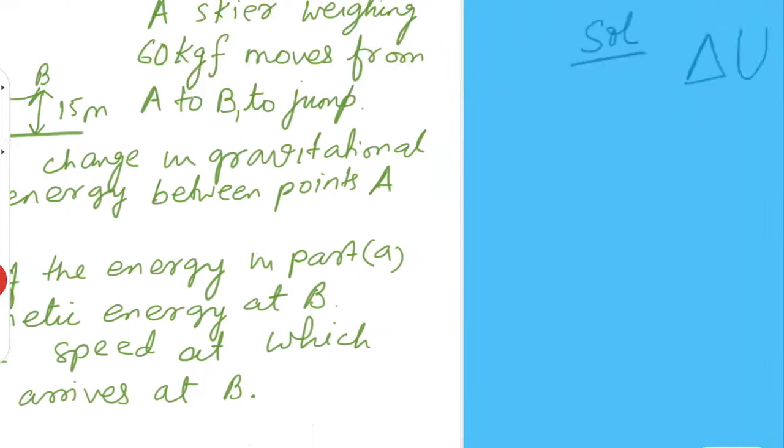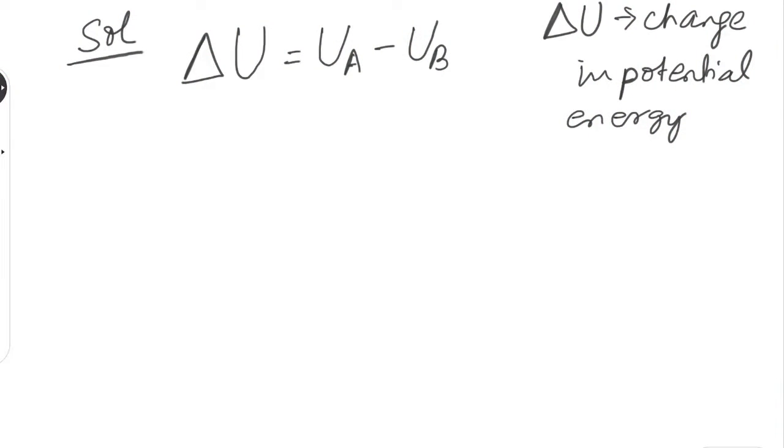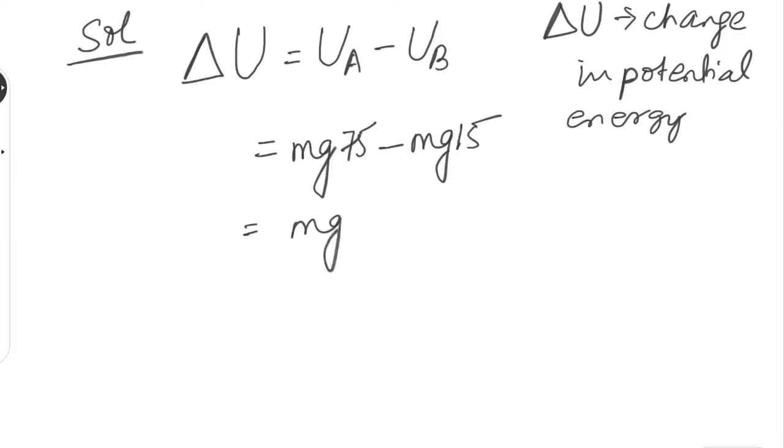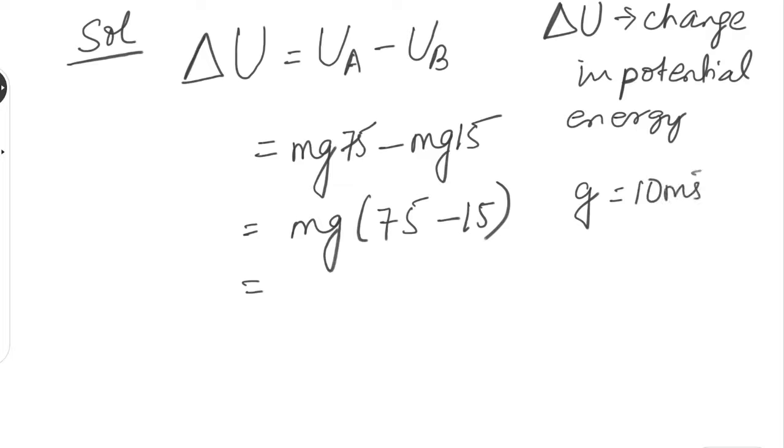So potential energy at A will be mgh, height of point A was 75 meter, minus potential energy at B, mgh, height of point B was 15 meter. So now we can take mg common, 75 minus 15. Let us take g value 10 meter per second square.